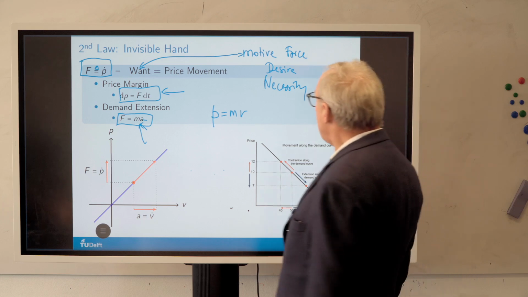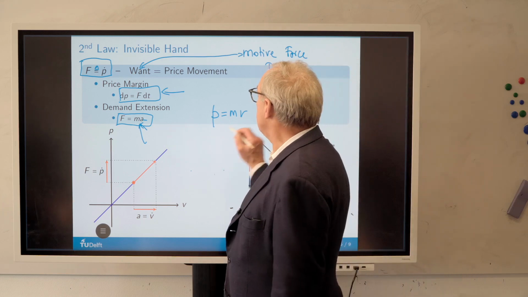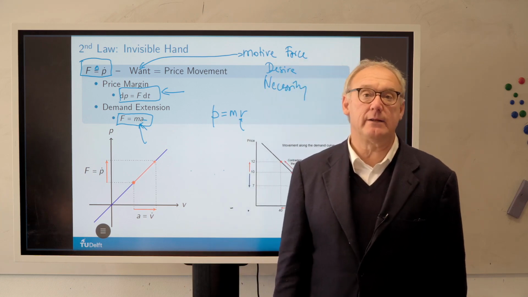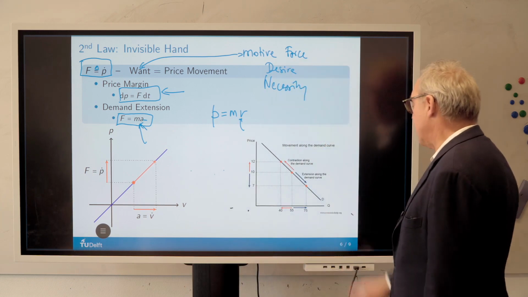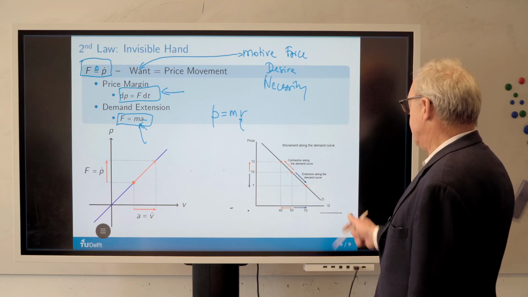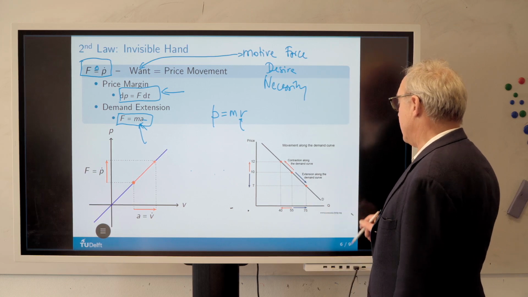So what you will see is if the quantity demanded is this V, that this V will have to change, okay? So here's a picture that I just typed, movement along the demand curve. This is how economists look at it.